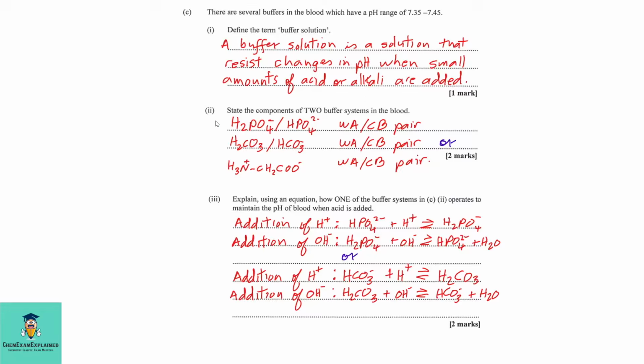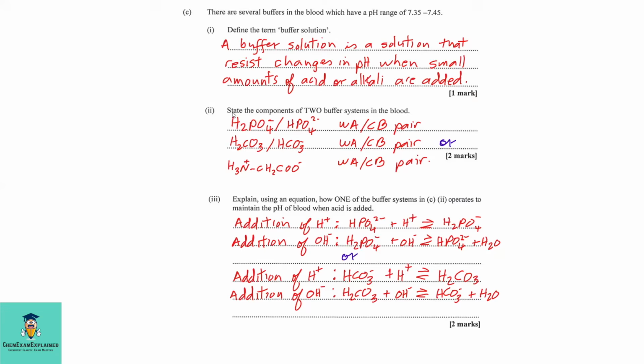C part 2. State the components of two buffer systems in the blood. Well, we have our phosphate ions, which is the weak acid and its conjugate base pair. So that's H2PO4 minus and HPO4 2 minus.